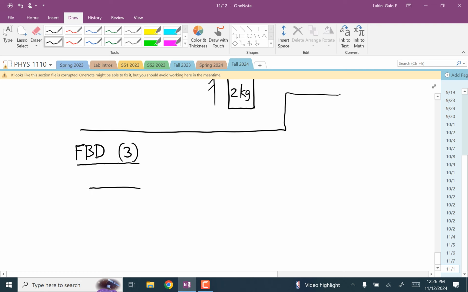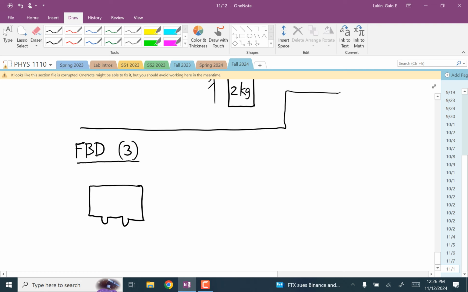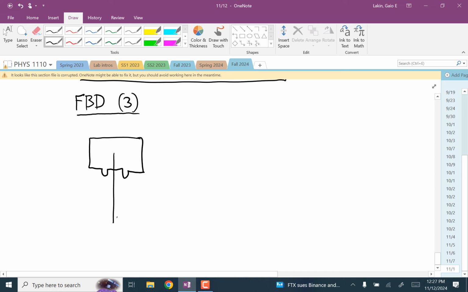So a free body diagram of that 3 kilogram cart. We have a weight force down of 29.43, a pushing force from the ground, and then a pulling force from the cable.